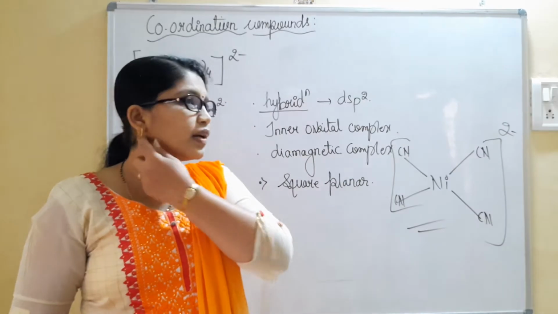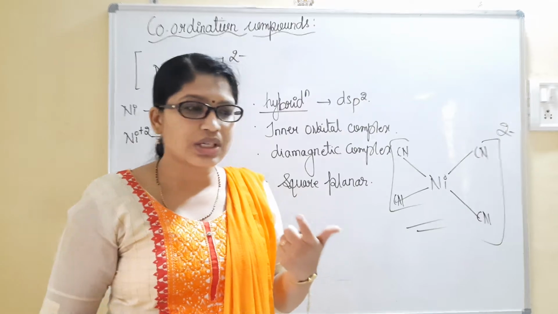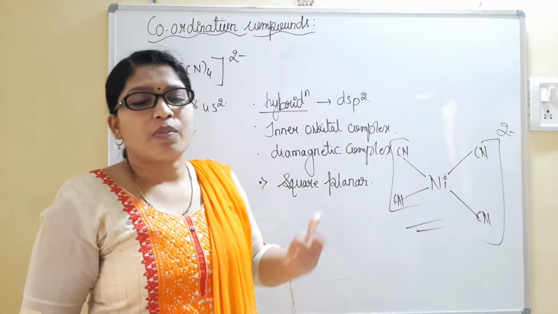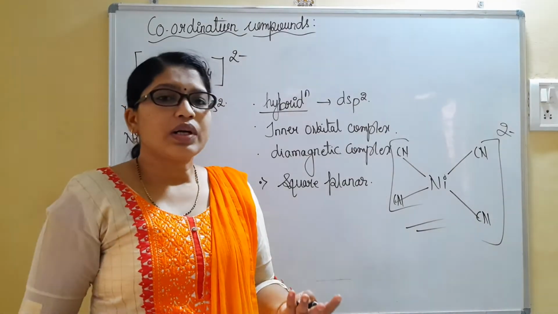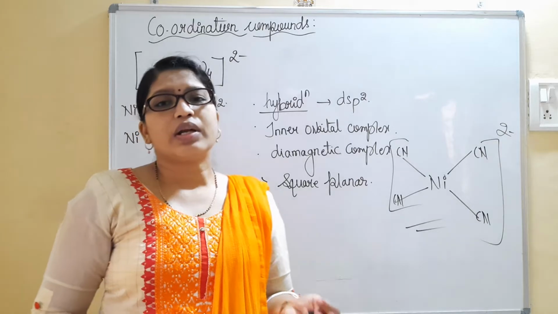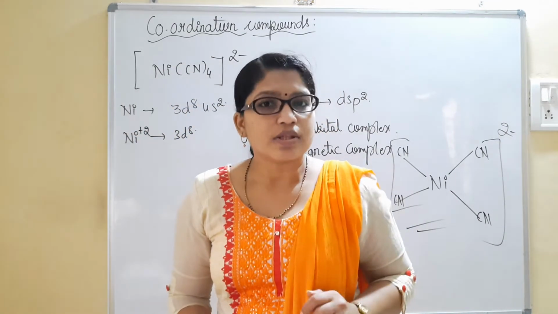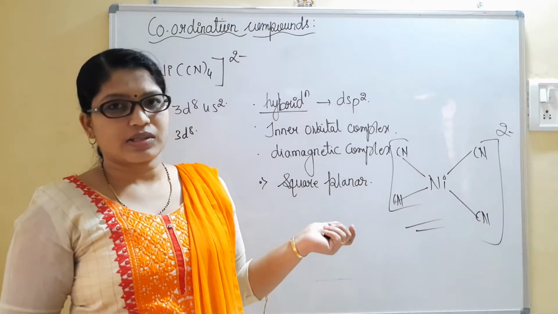Some of the complexes show a brown color, yellowish color and so on. Why that color is exhibited by these complexes was not explained by VBT. The coloring property as well as the magnetic property of these complexes is not explained by valence bond theory. The reason why we found those all are drawbacks.